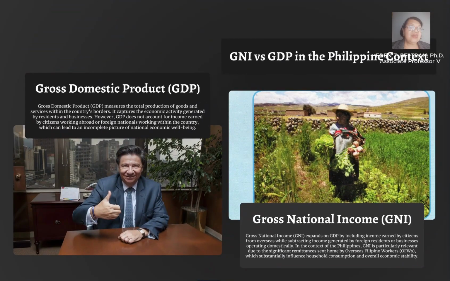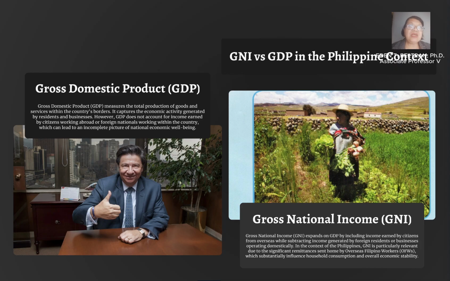And of course, employment abroad would make up for domestic job shortages, which is a lot, significant. So there's this mindset of Filipinos to work abroad because of the limited opportunities within our country.